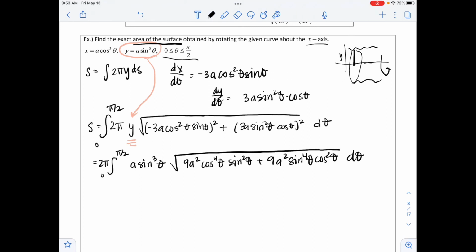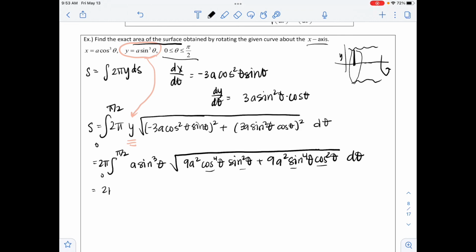And so from here, you can factor out sine squared and cosine squared in both of the terms. You see there's a cosine squared in both of these and a sine squared in both of those. In addition, I can also factor out a 9a squared.